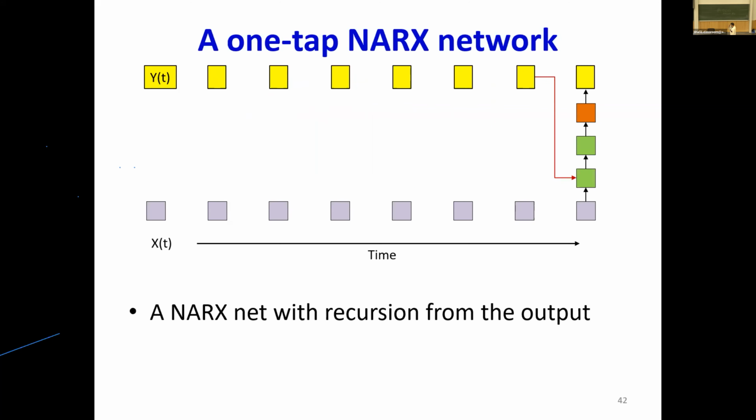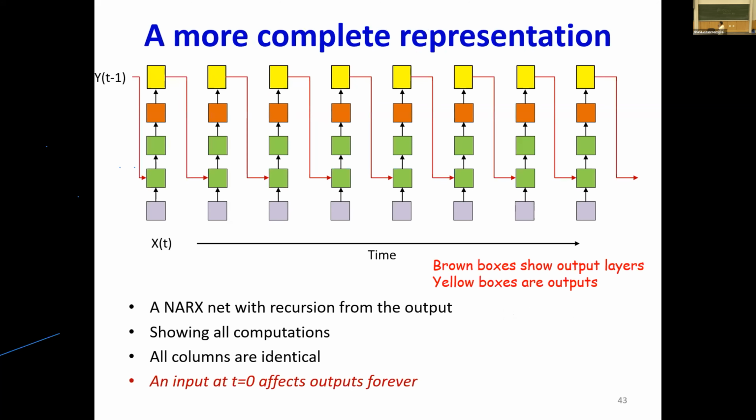And if I were to show all of the connections simultaneously, this is the entire sequence of computations. Now, I'm showing many columns, but each column represents the computation, the prediction at one instant of time. Every column is identical to every other column.